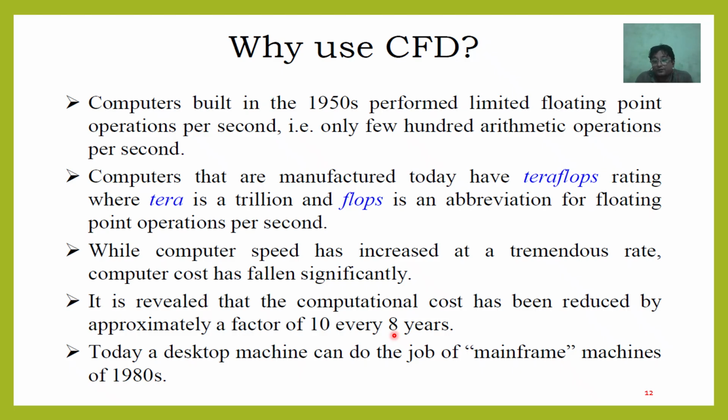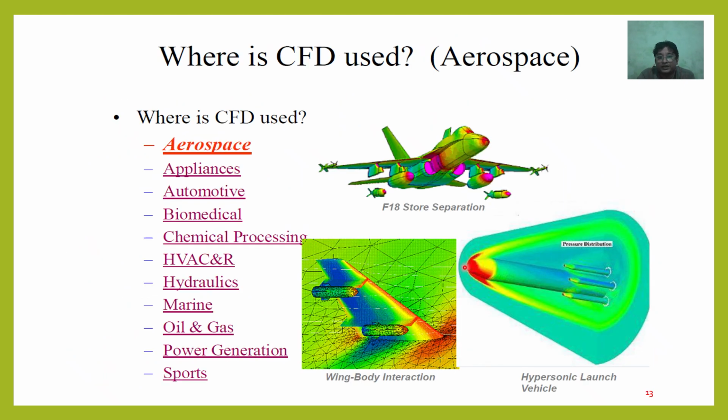So at that time we used to buy a floppy drive, then came the CD, after that the DVD, then the external hard disk, then small pen drives, and after that microchips came in. That means the computer has drastically changed over the years. Their storage capacity and computational speed have changed, and that helps us work with computers more effectively in this field, computational fluid dynamics.